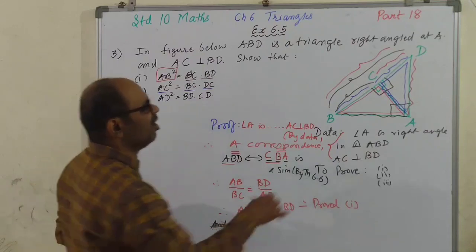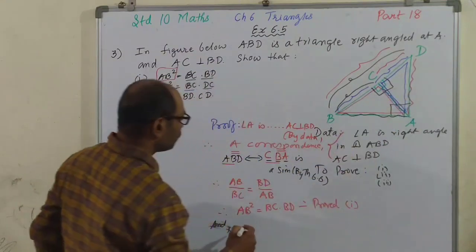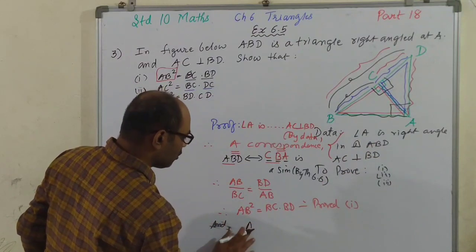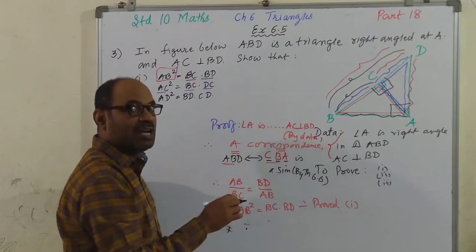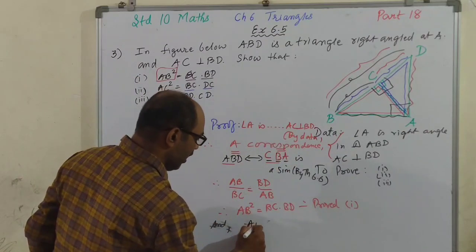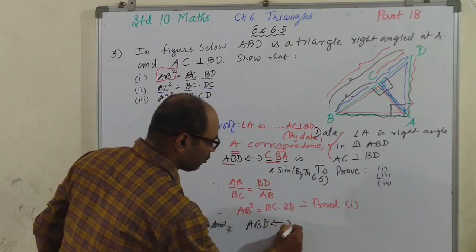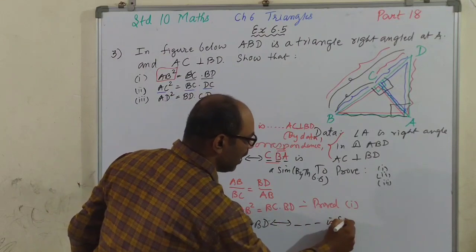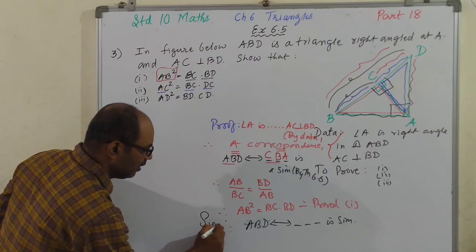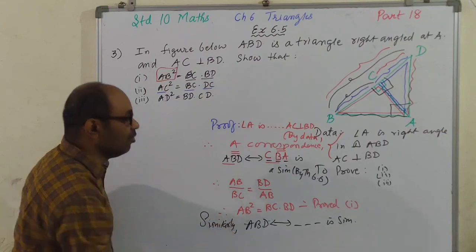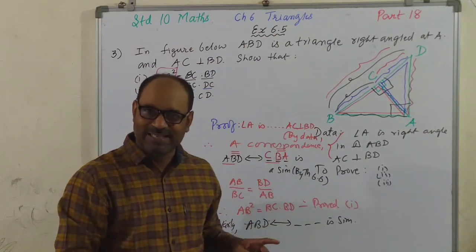No problem. Also, all direct correspondence. I won't write this 3 times. Also, ABD corresponds to dash dash dash is similarity. Or you write similarly, so you don't have to write by theorem 6.6 again.